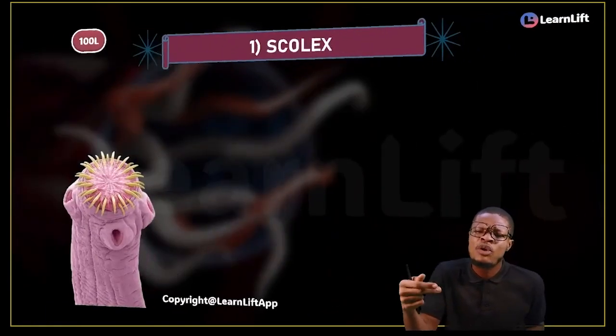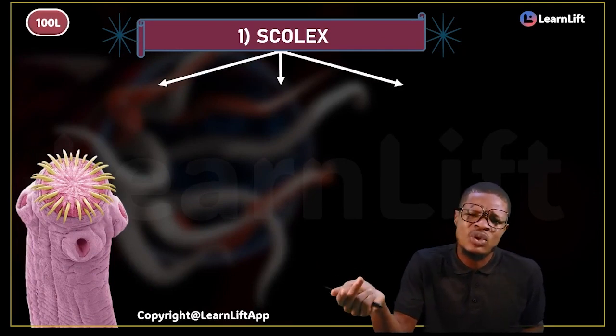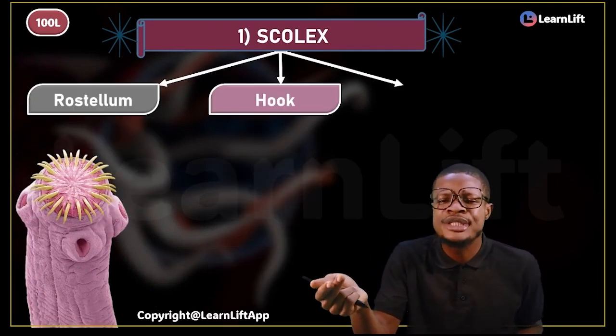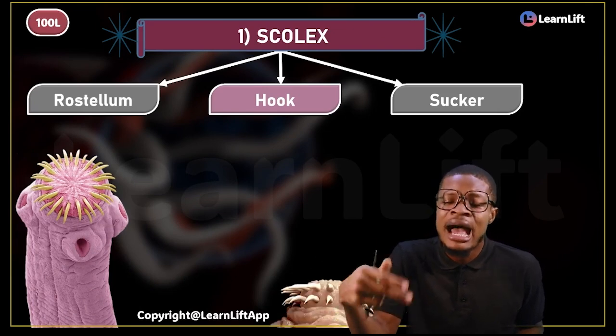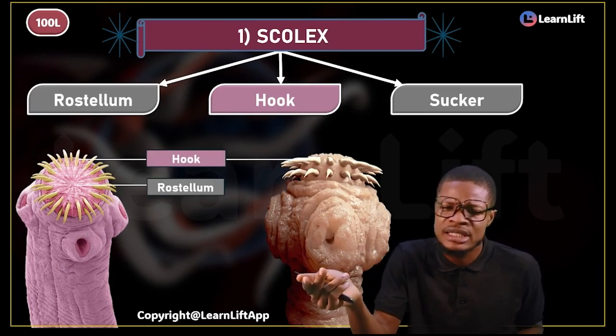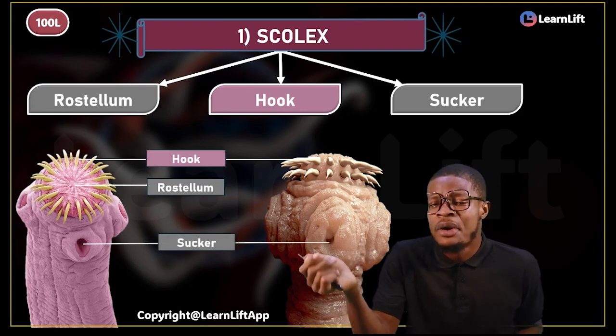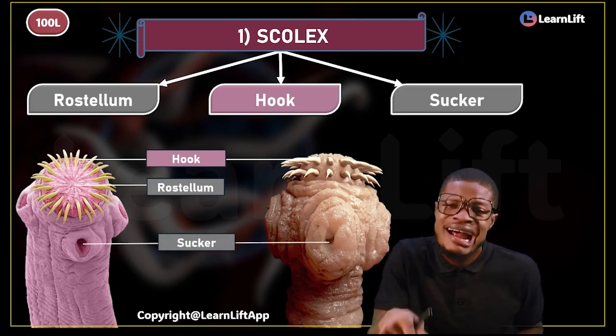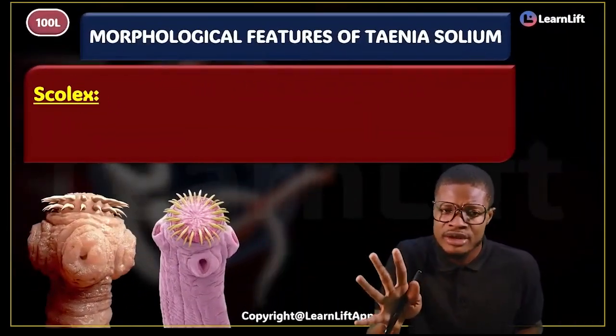I went ahead to even show you something under scolex. I said scolex can have 3 different divisions: number 1 is the rostellum, number 2 is the hooks, and number 3 is the suckers. And of course, if we are to label it, this is the rostellum, this is the hook, and this is the sucker. I told you that the hooks and suckers are for attachment and not for sucking, right?